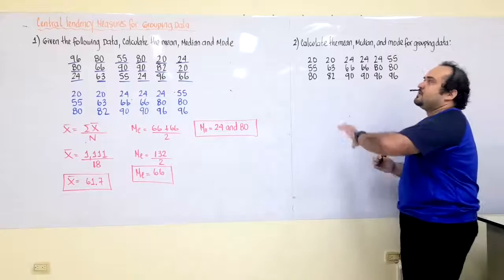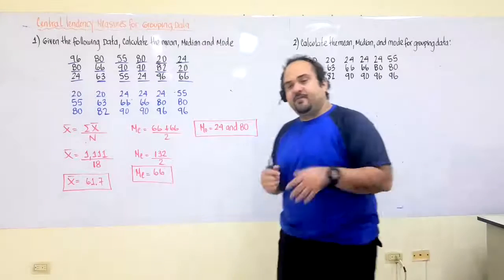I'm going to erase the first part of the whiteboard because before applying the mean, the median, and mode, you really need another formula.